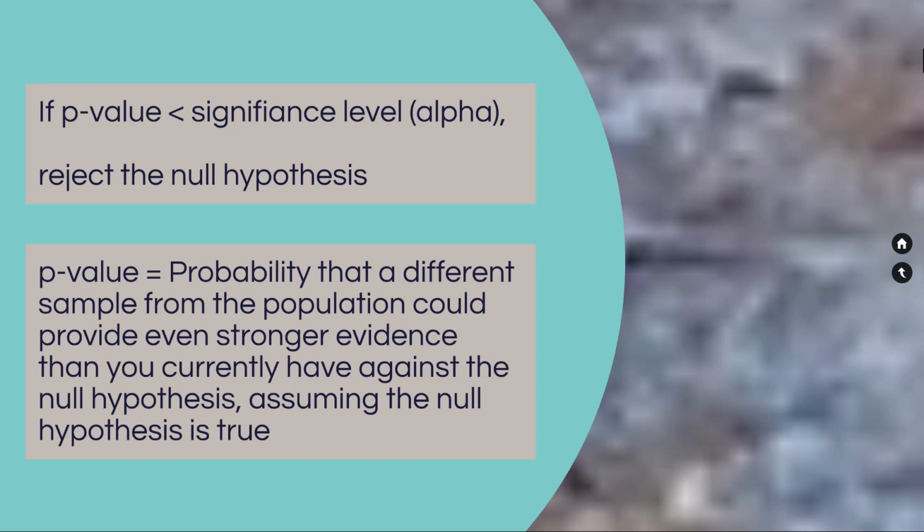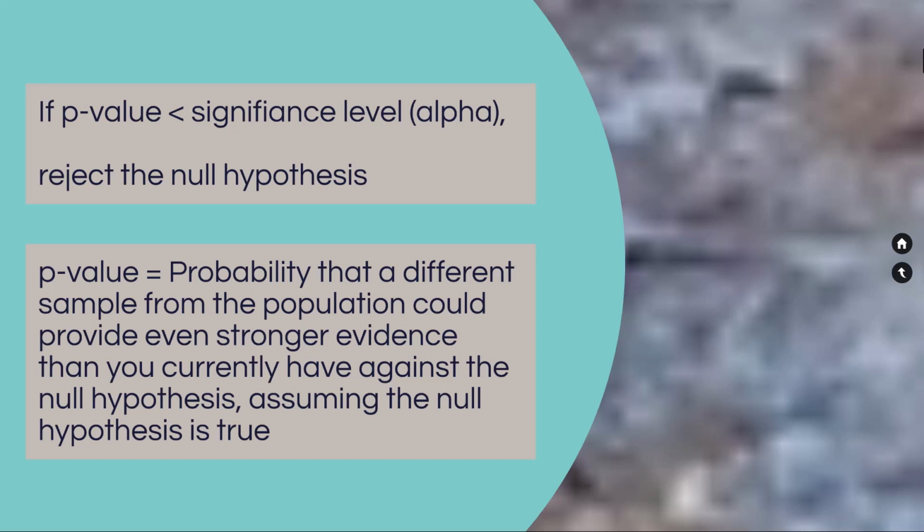So let's think about an example here. So let's say you think that the average income should be $50,000. Okay, fine. And let's say you compute that the average income is $100,000 for your sample.